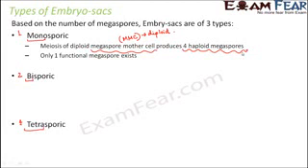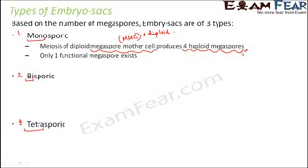So what happened? Meiosis of the megaspore mother cell, which is diploid, will give rise to 4 haploid megaspores. So here we have 4 megaspores. But why is it monosporic? That is because 3 out of these 4 haploid megaspores towards the micropylar end undergo programmed cell death. So they basically degenerate.